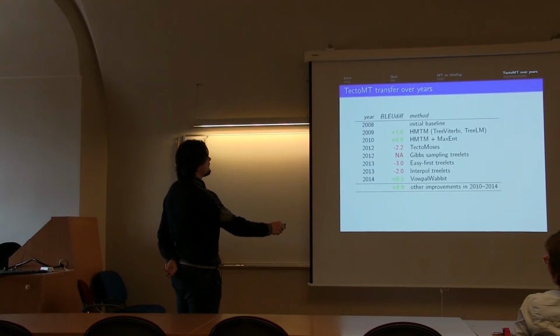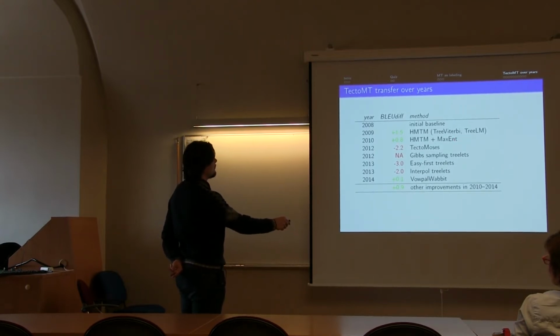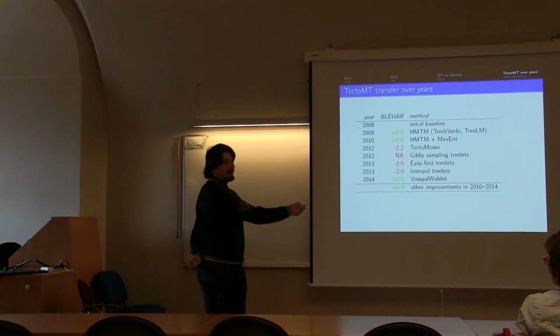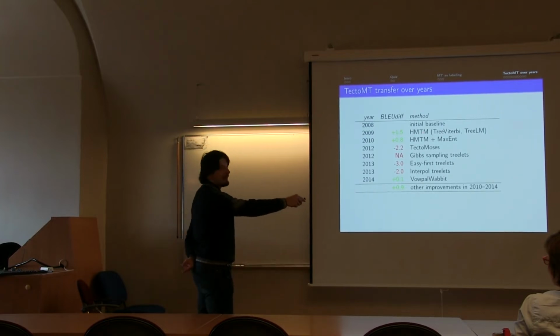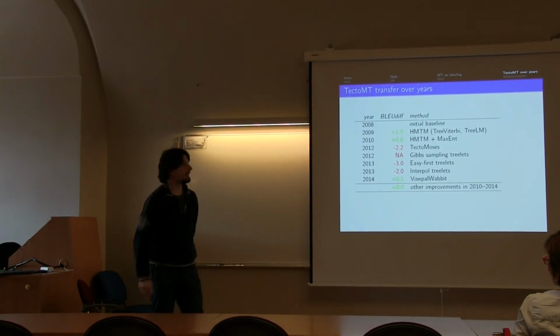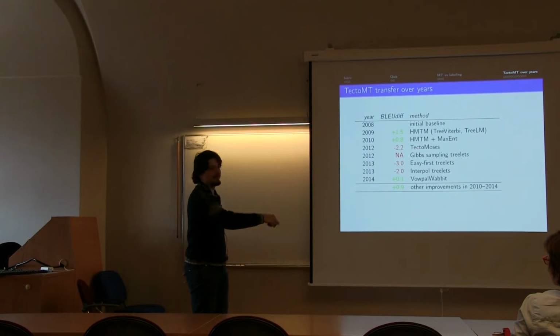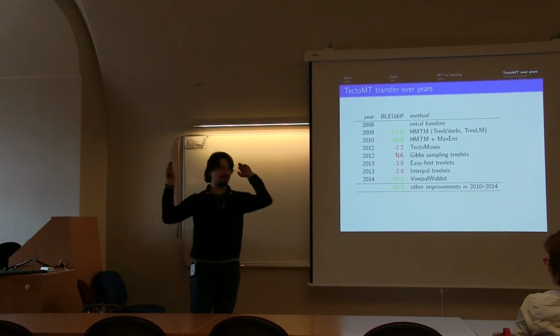These are additive. So actually, the Maxent added 0.8 on top of this. Once we had the HMTM, this became the baseline. And so this is minus 2 relative to this last baseline. And the TectoMoses didn't work, so I just threw it off.